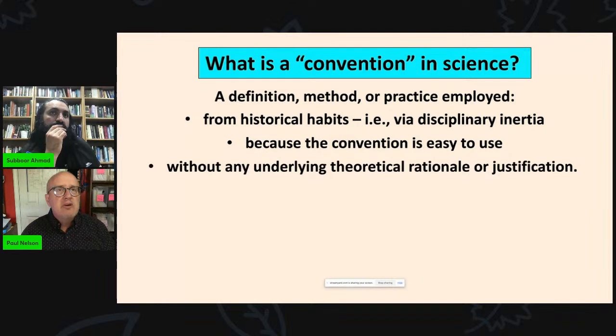Now, this is the worst aspect of a convention. Conventions are often used without any underlying theoretical rationale. And you can see again how these 3 bullet points relate to each other. If you use a convention because everyone around you does, and no one has ever bothered to justify it, it's just the way that things are done, you may find yourself waking up one morning and saying, why am I defining homology like that?